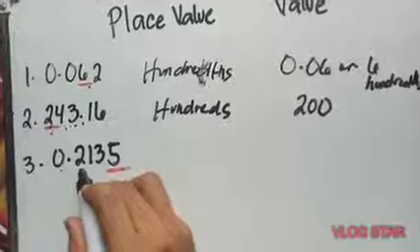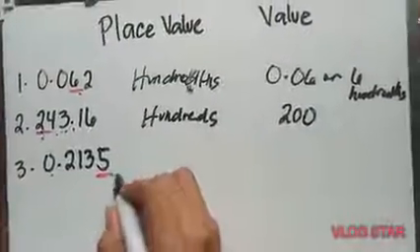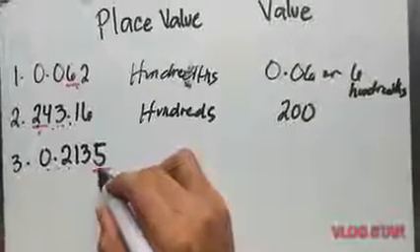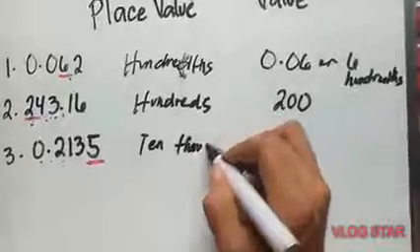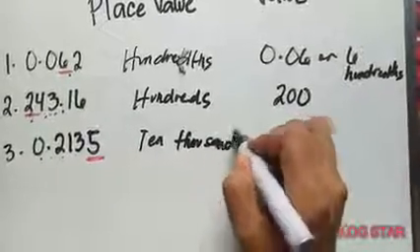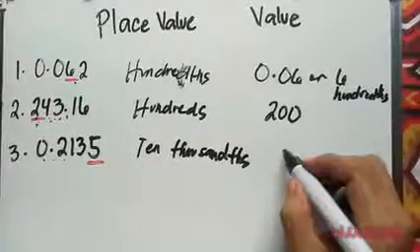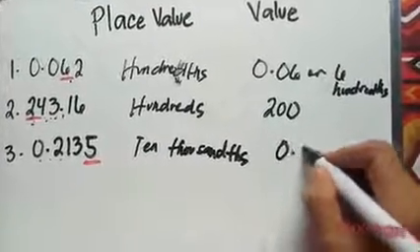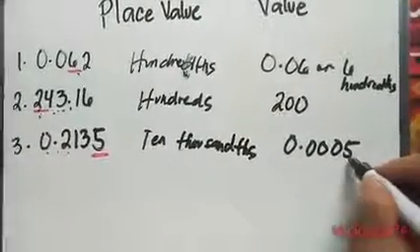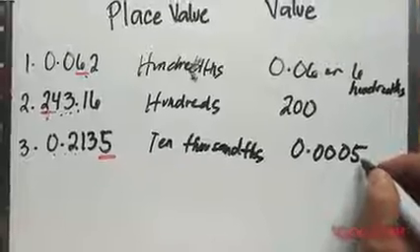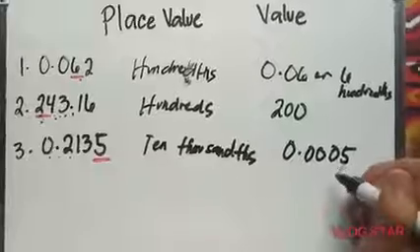The place value of 5 is ten thousandths, and its value is 0.0005, or 5 ten thousandths.